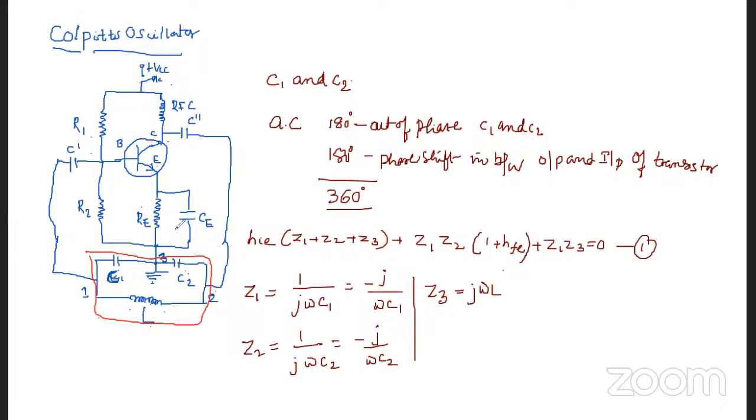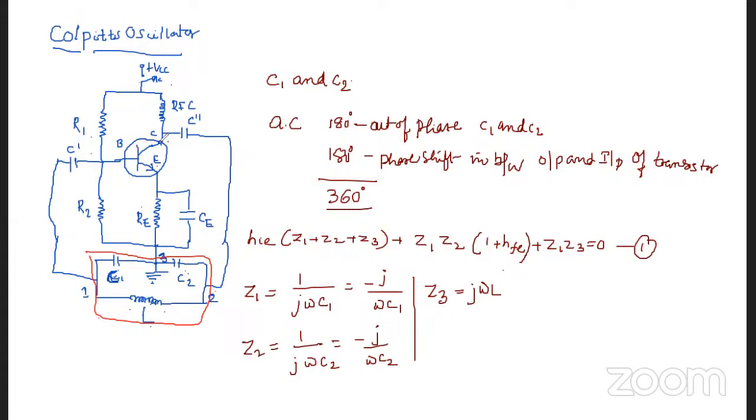Now if you see the phase shift, there will be a phase difference between the capacitors C1 and C2, which are 180 degrees out of phase with the applied signal. So you get 180 degrees of phase shift with the help of C1 and C2. The remaining 180 degrees of phase shift you get between the input and output of the transistor, that is, base emitter junction as input and collector emitter junction as output.